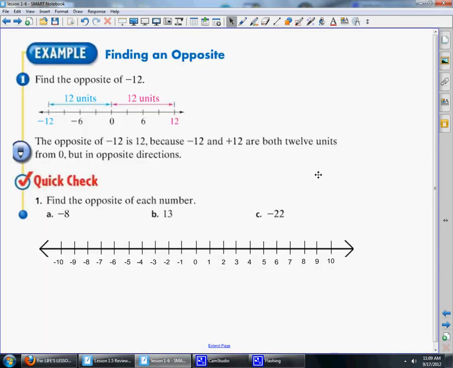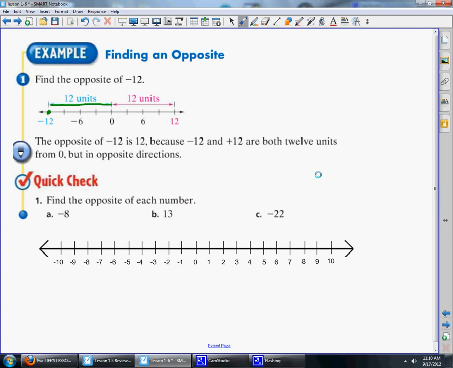Okay, today we're going to talk about opposites, and the opposite of a number is if it's positive, then it becomes negative, and if it's negative, it becomes positive. So the opposite of negative 12 is right here on the number line, and you can see that it's 12 units away from 0.